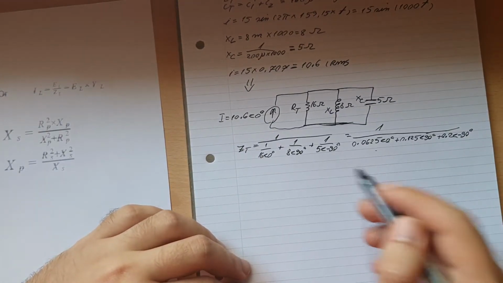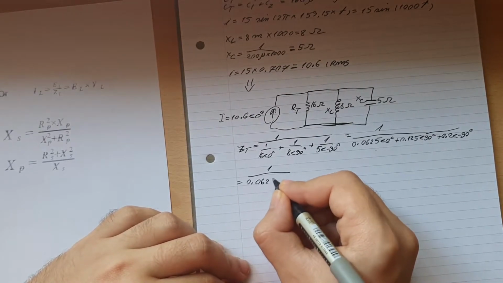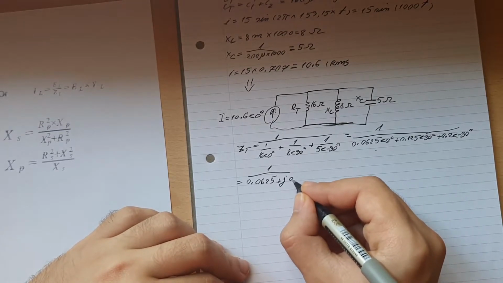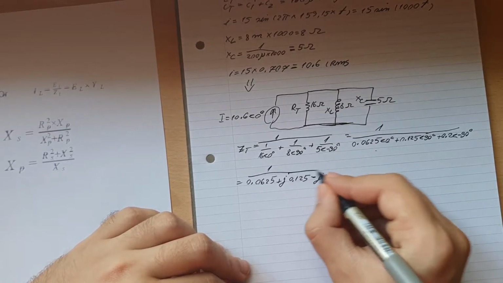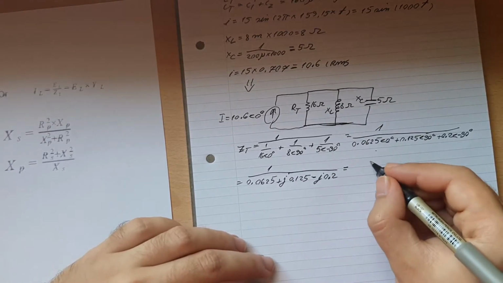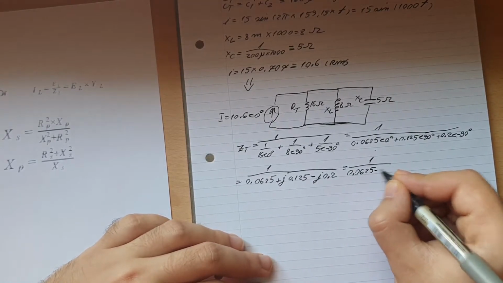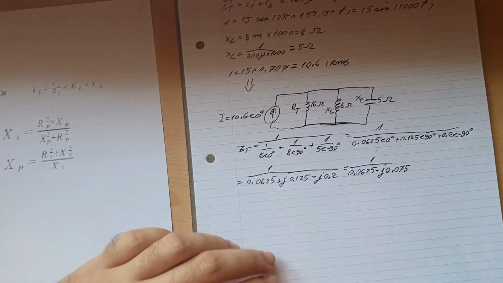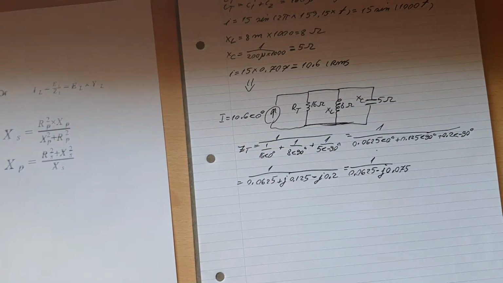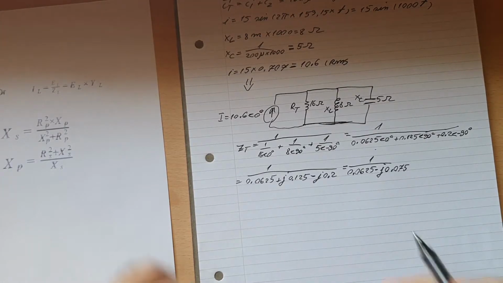We can convert them into rectangular values, so that will be equal to 1 over 0.0625 plus j0.125 minus j0.2. So the answer that we get will be 1 over 0.0625 minus j0.075. Alright, so those are the values. Now before we make it into the total impedance with an angle, we need to calculate the polar form of it.